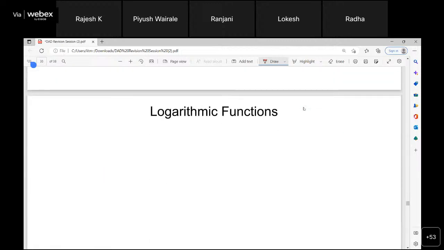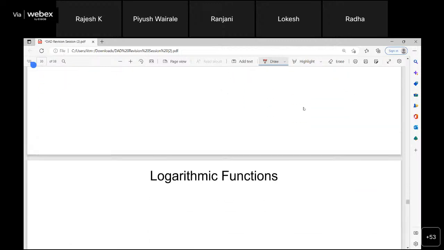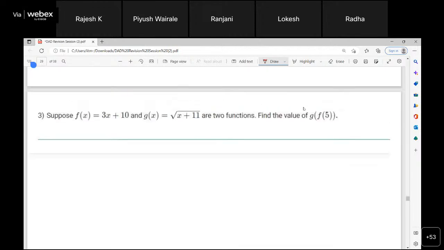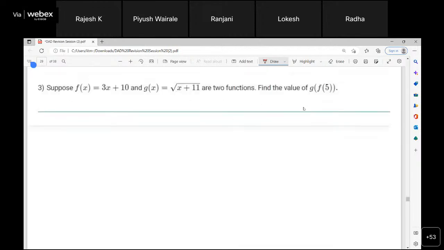Any doubt in this part? We have one more example. So now just find out the g of f of 5, right? What you will do, either you find out g of f of x and put 5 there, or first find out f of 5 and then simply put it in g.